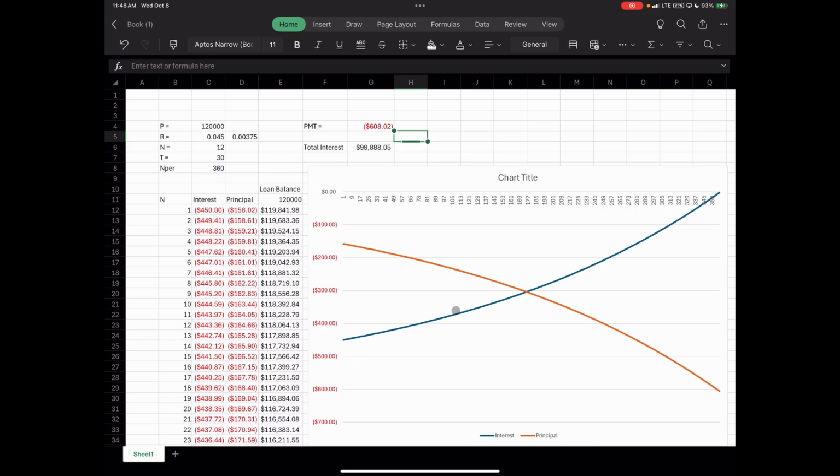So less and less goes to the rental of the money because I'm renting less and less money. And at some point they cross. You can also see this is not a linear function. There's some acceleration to this payment because as we pay off more and more, we owe less, so we're paying it off faster and faster.